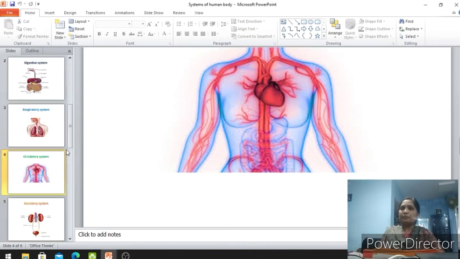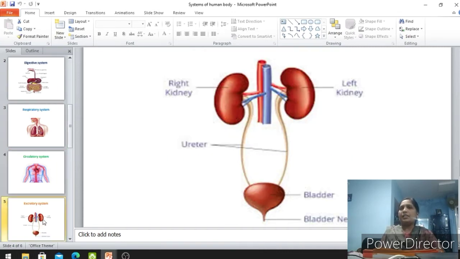And the next internal organ is your kidneys. Kidneys help in excretory function, and in our body two kidneys are there. They are bean shaped and they are present at the back side of our body.